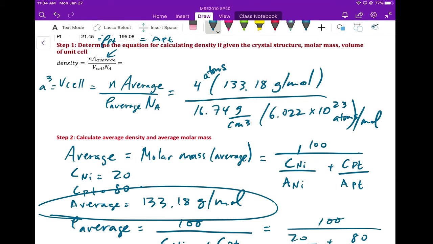So if we cube root this, we get A is, okay.